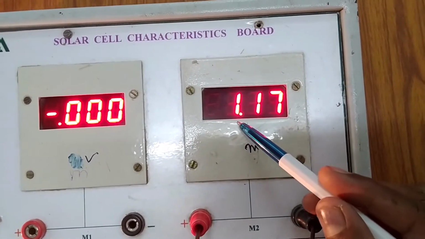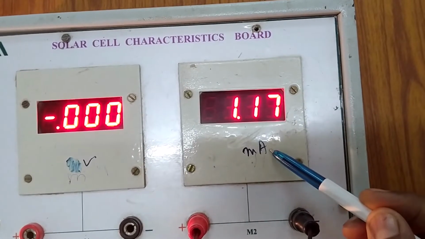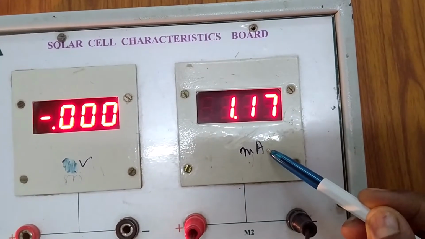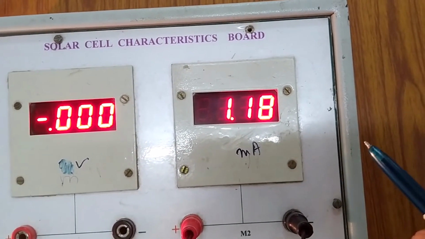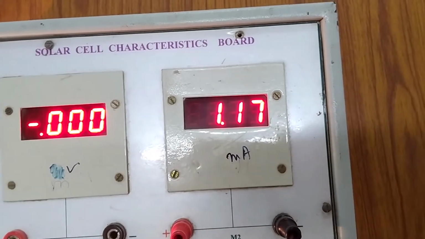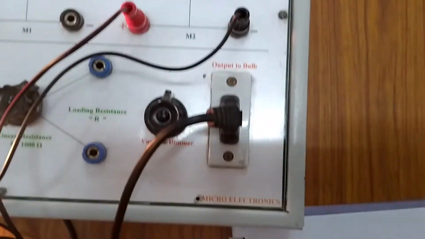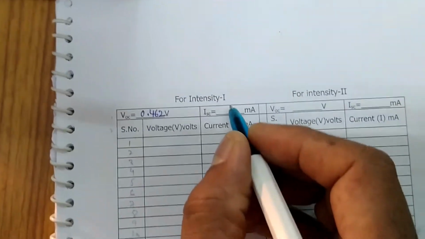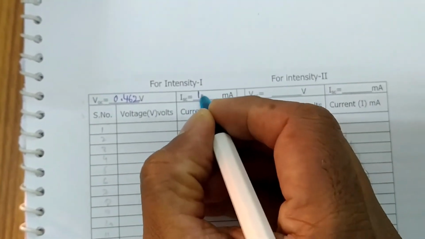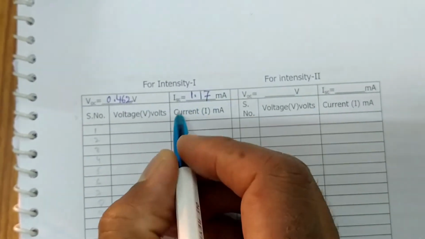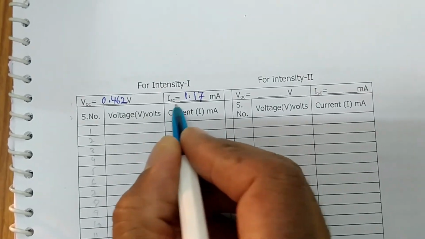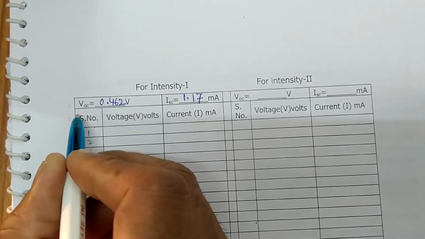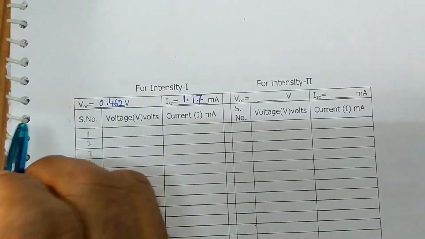Hence, I write 1.17 milliamperes as the short circuit current ISC. So I make a note of the short circuit current in the tabular form as 1.17 milliamperes. This is ISC, short circuit current. This is VOC, open circuit voltage.